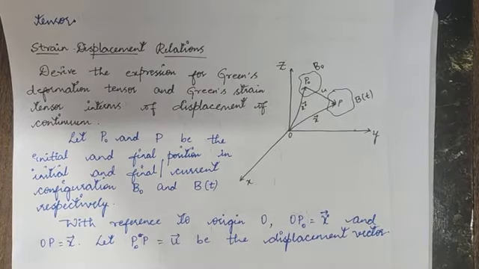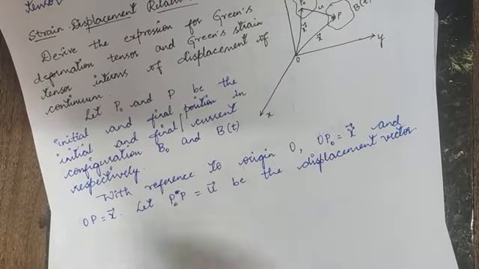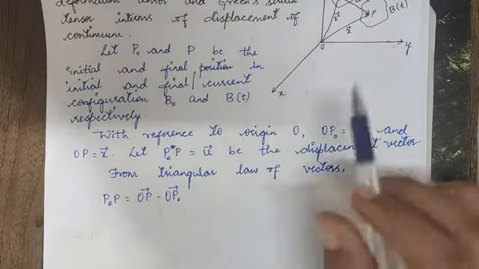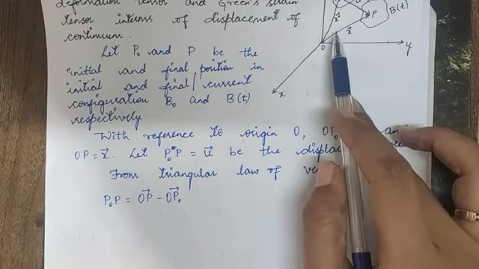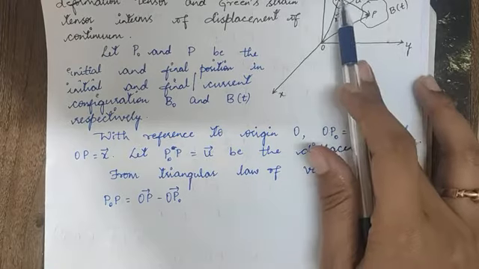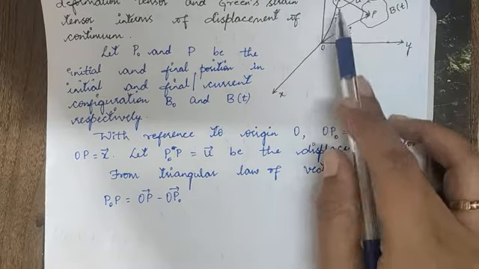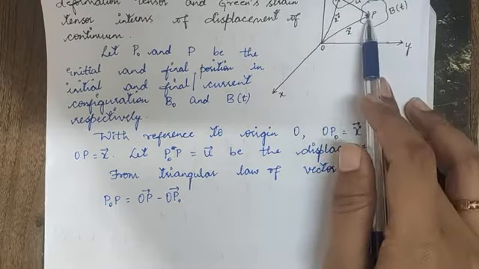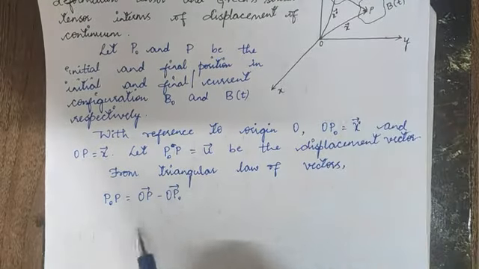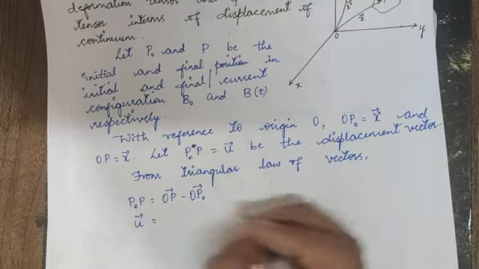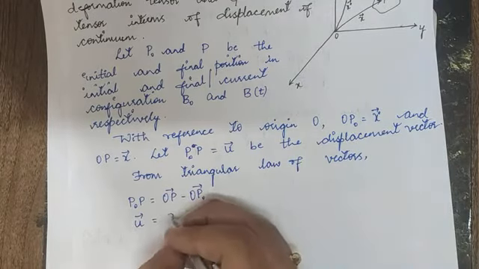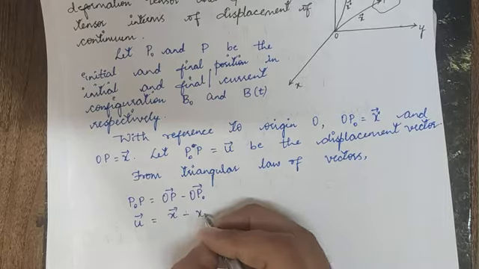Now using the triangular law of vectors, I can write P naught P is equal to OP minus OP naught. So I know what is OP naught, what is OP, and what is P naught P. Substituting here, P naught P is vector u, which is equal to vector x minus vector x naught.